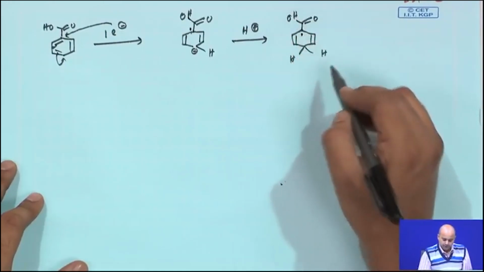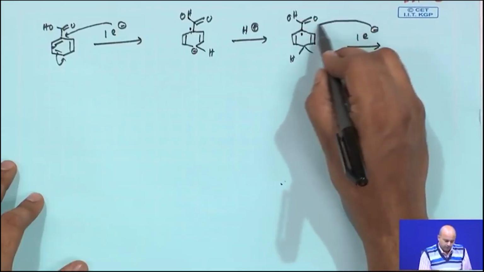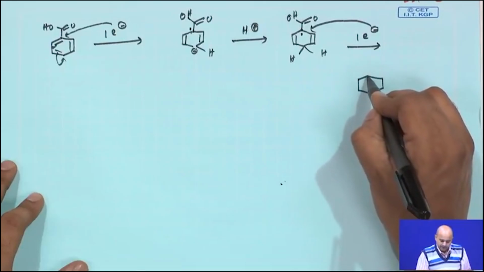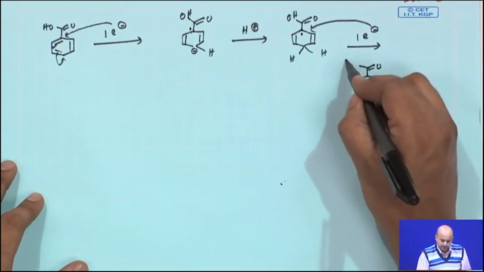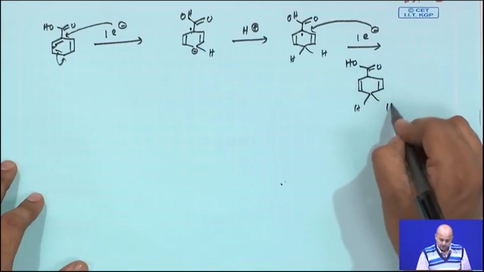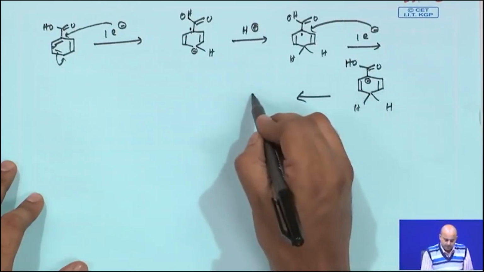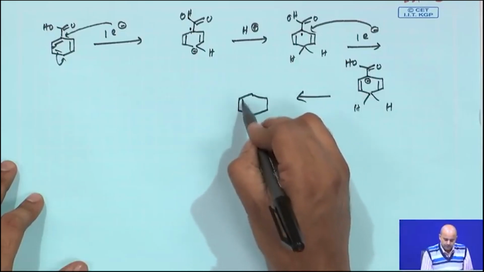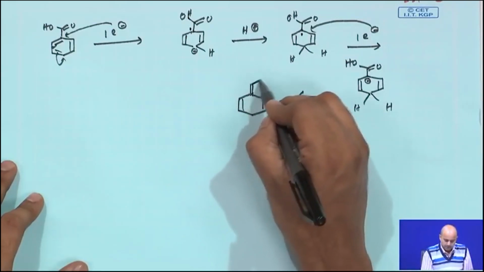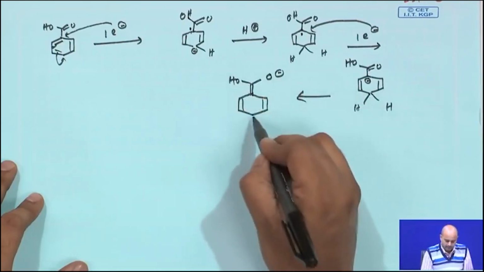Now, this dot is there, and another one electron will be transferred here to give you a net negative charge on this carbon. This negative charge is highly stabilized through the resonance of the corresponding carboxylic acid, which we all know.